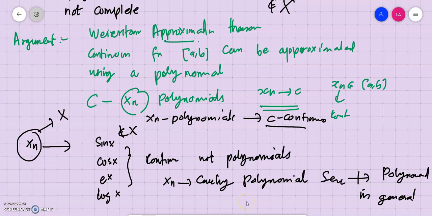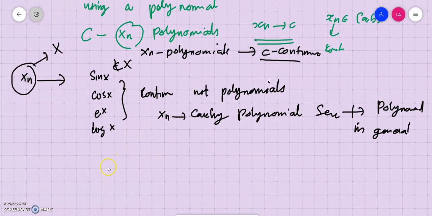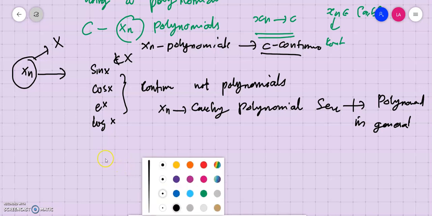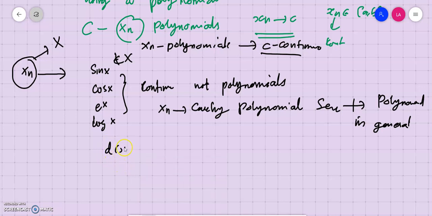Here also keep in mind that we have used the same arguments as in the case of metric spaces, because every norm induces a metric. That is the reason we use the same argument as in the metric case: d(x, y) can be written as the norm of x minus y.